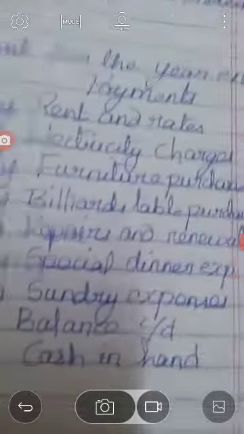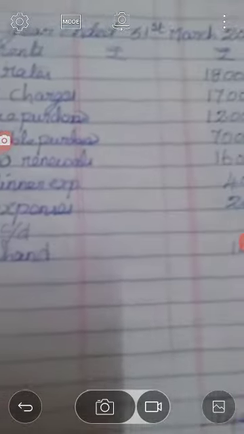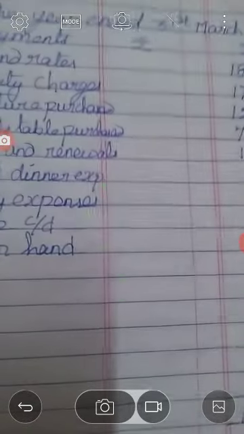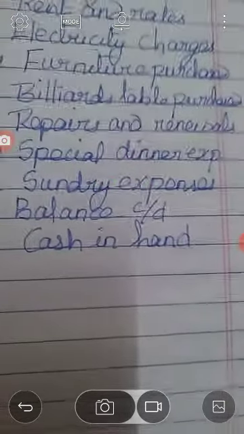Then next, here billiards table purchased. So it is a capital payment. Billiards table is also a capital payment, 70,000. It should be shown on the asset side. Then repairs and renewals and sundry expenses are shown on the expenditure side, and special dinner expenses we have already shown on the income side.